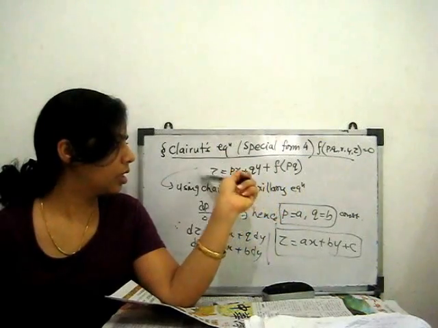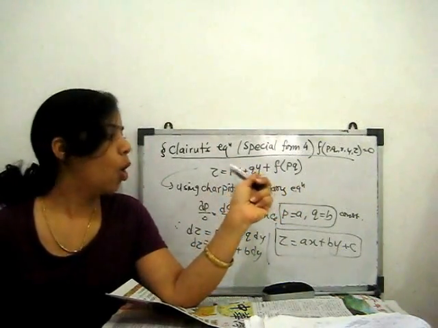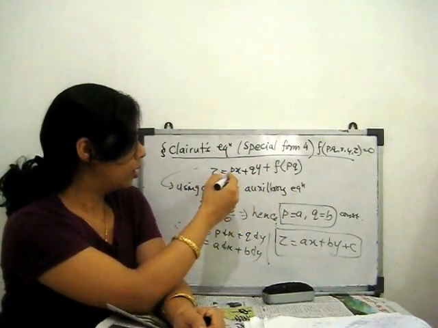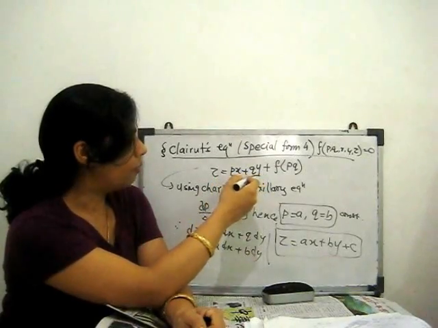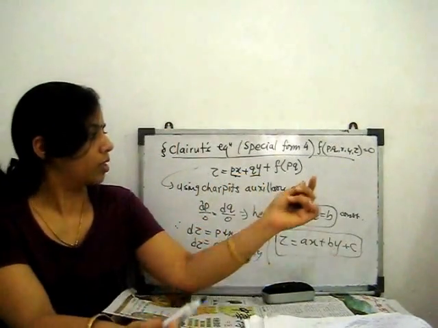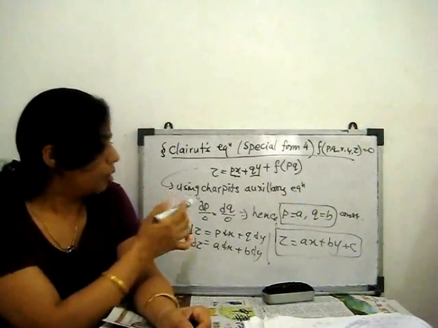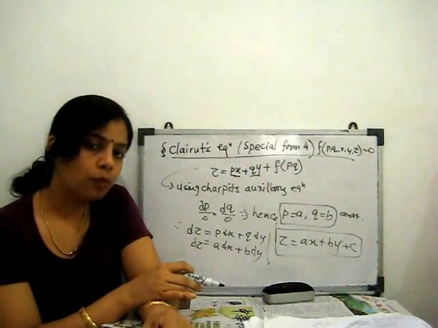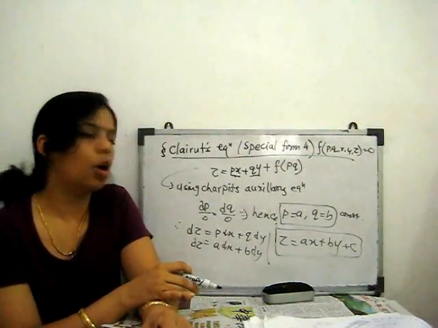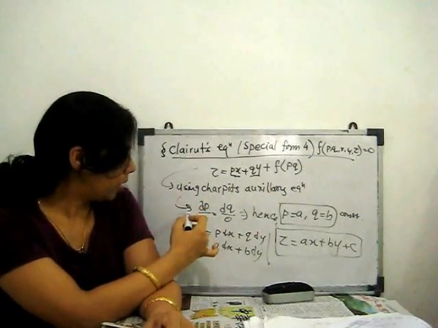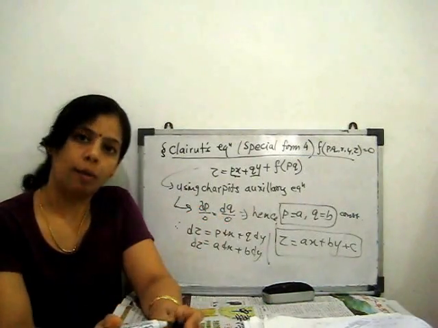So if our given equation is in this form, all x terms combined with p, y terms combined with q, a function of p and q on one side, and z on one side, then when we solve this with Charpit's auxiliary equations, we always get dp/0 and dq/0.